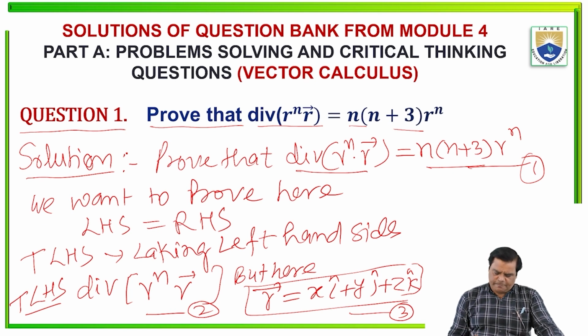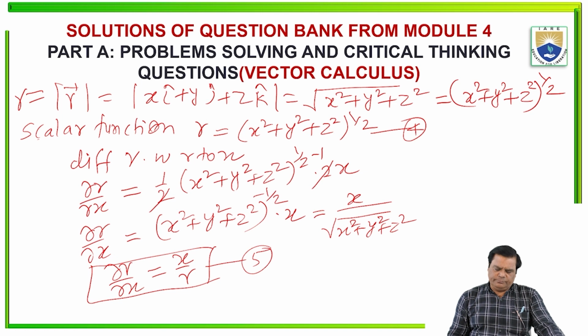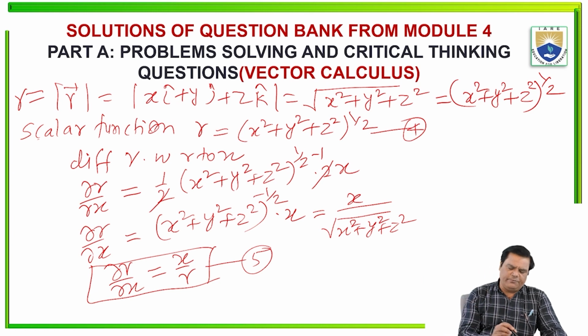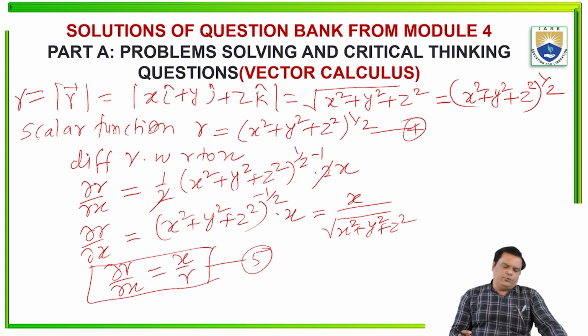It has gone wrong from here. This is n rⁿ. What is the differential of rⁿ here? So this question is wrong here.